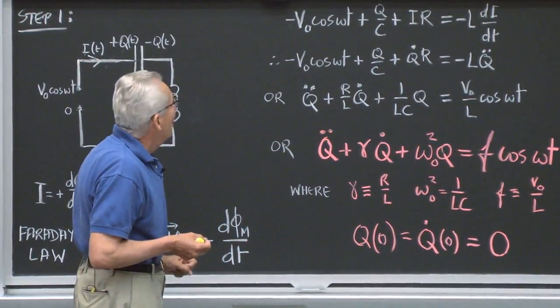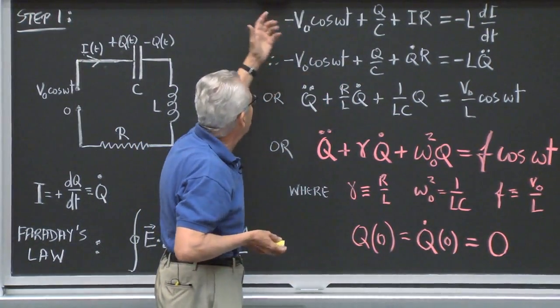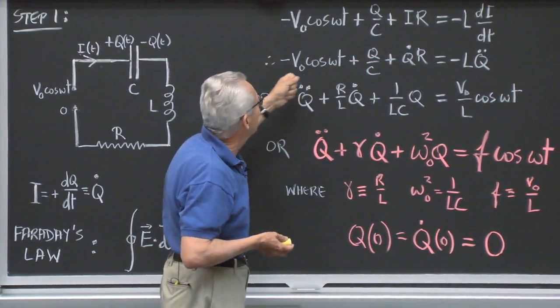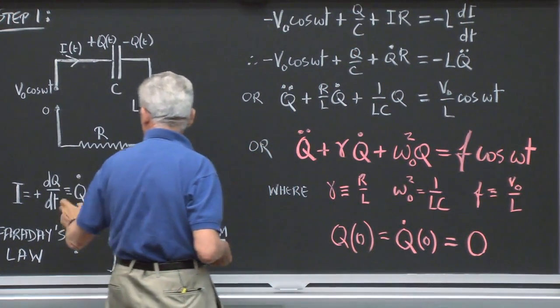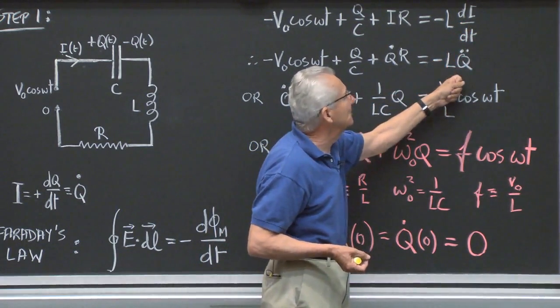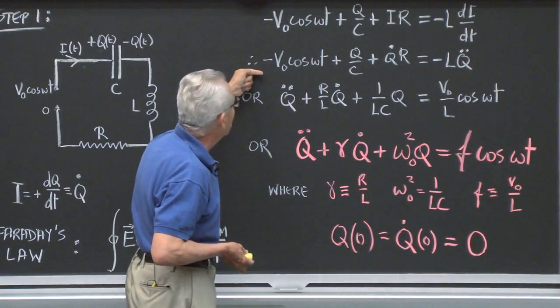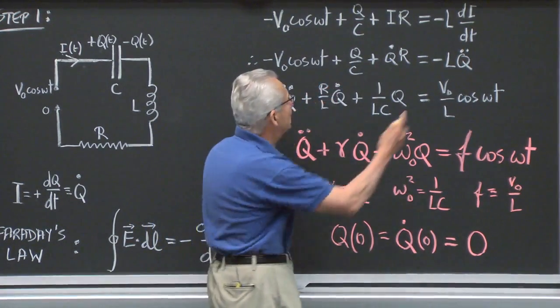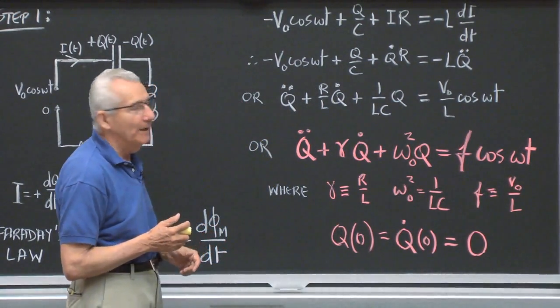We're almost finished. Now we do algebra. I can rewrite this knowing that the current is the rate of change of Q, and the rate of change of current is the second derivative. This is just straightforward algebra. Now I'm going to rewrite it, moving terms around to make it look the way I prefer.